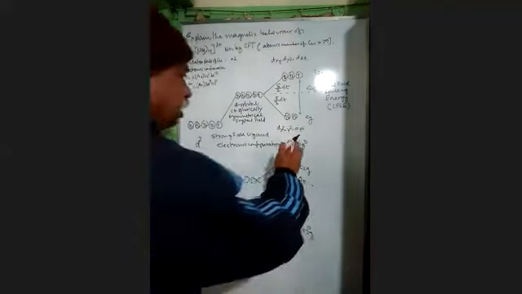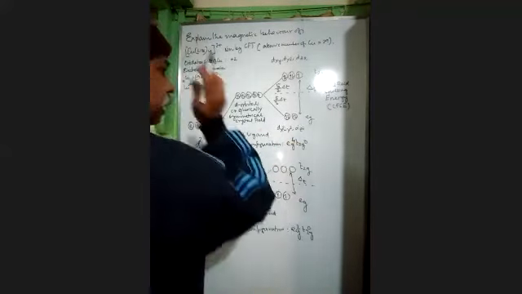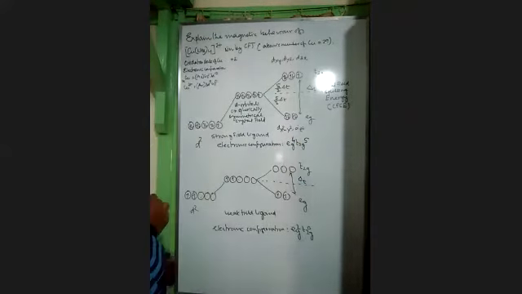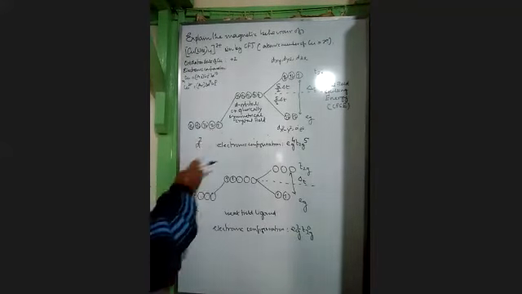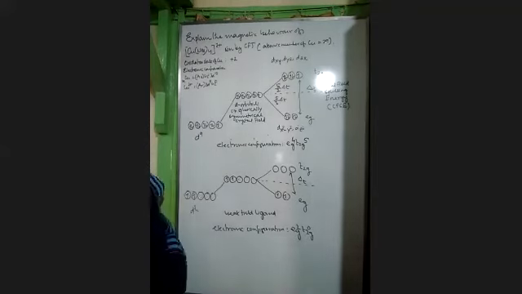So what is the electronic configuration here? Eg4 and T2g5. We will not write anything here about strong field ligand, because all of us will know. What is this? This is d9.